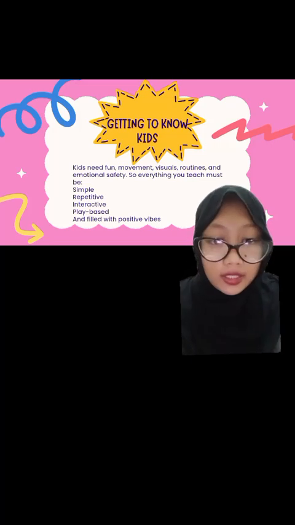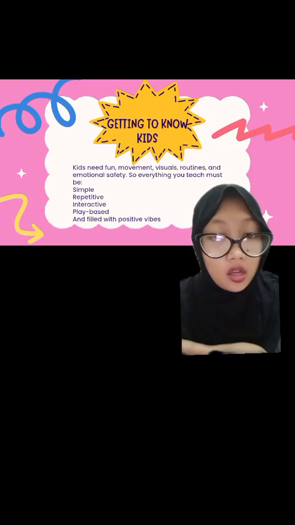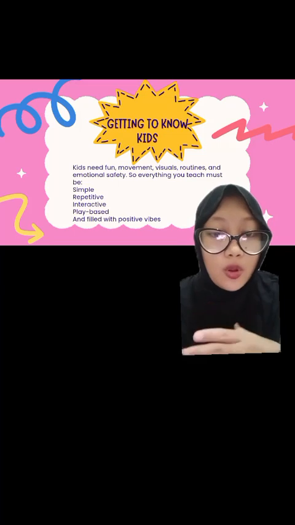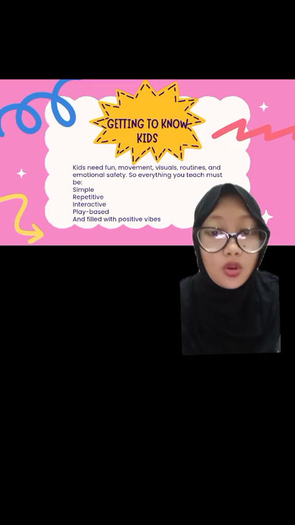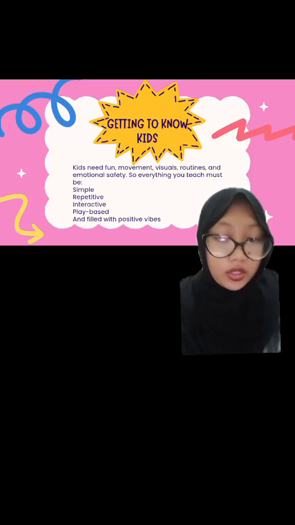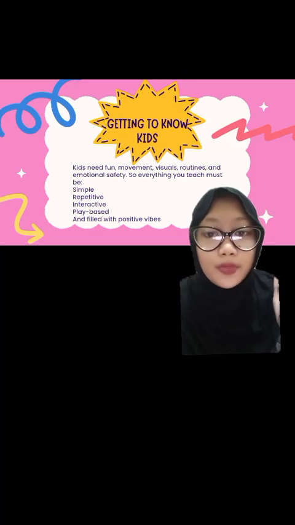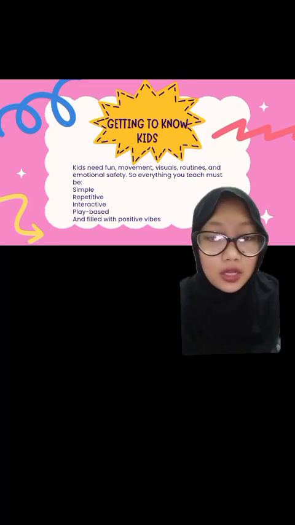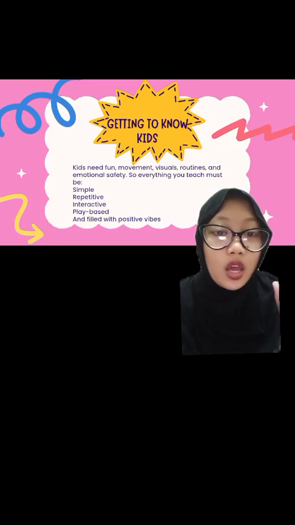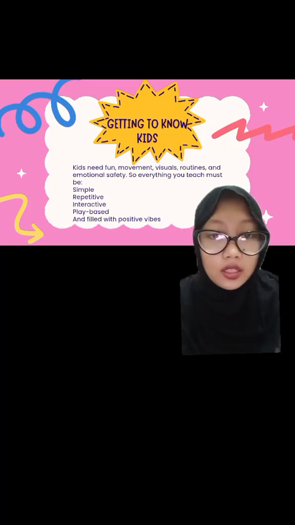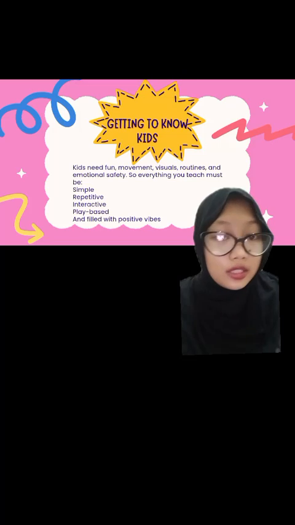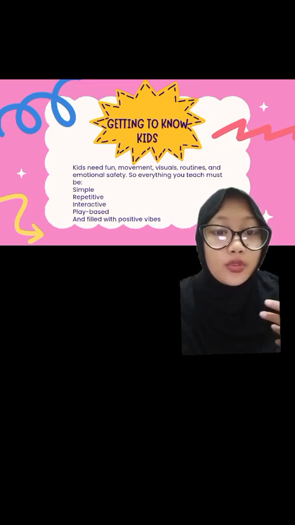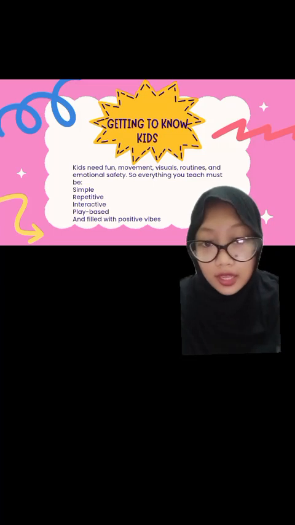Like what I explained in the previous video about the characteristics of kids, I already explained that in that video, so I'm just going to be short here. They need simple things because it's not easy for them to understand, so we have to be simple and blunt. It's repetitive; again, they don't understand easily, so we have to repeat what we explain again and again.